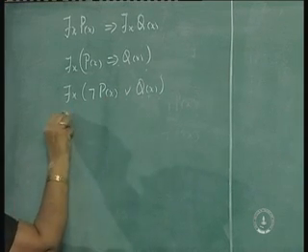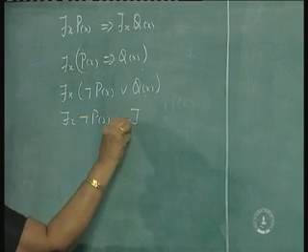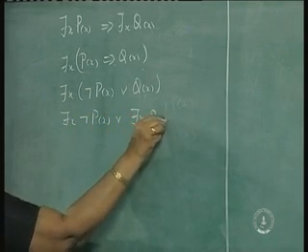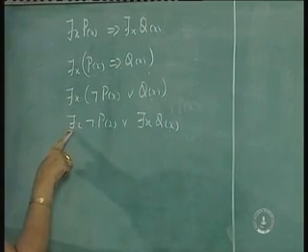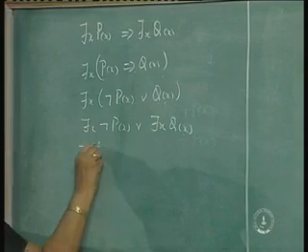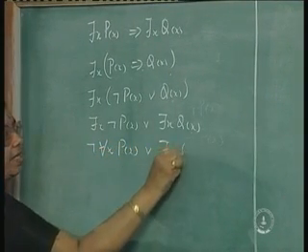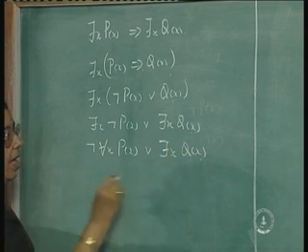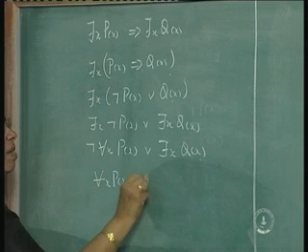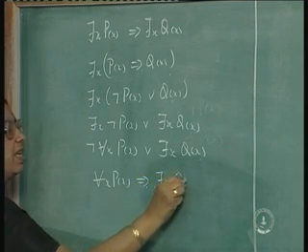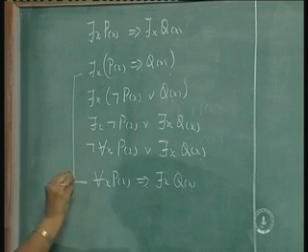So this you can write as there exists x not p of x or there exists x q of x, and if you take the not outside, there exists will become for all. So not for all of x p of x or there exists x q of x, and essentially this means for all of x p of x implies there exists x q of x. So this is equivalent to this.